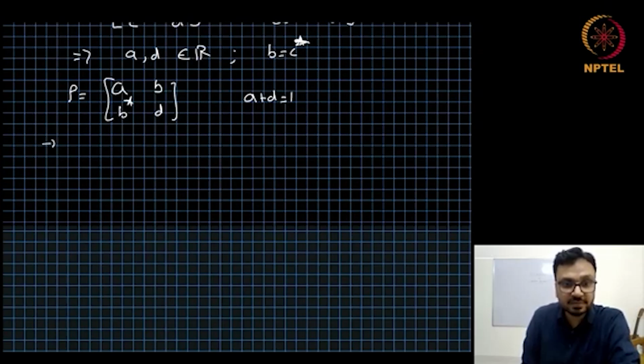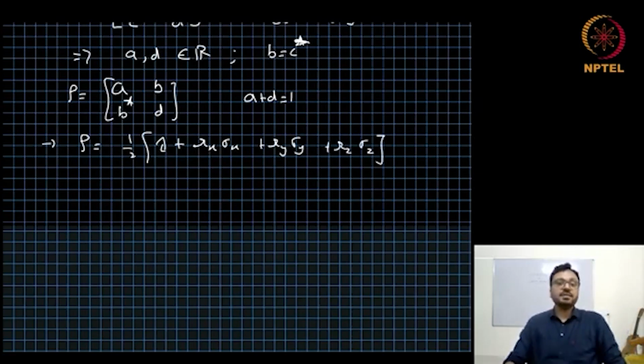So we can write rho as half times identity plus Rx sigma x plus Ry sigma y plus Rz sigma z. How can we write this? First of all, we notice that since rho is a 2 by 2 Hermitian operator, it can be decomposed as a sum of identity, sigma x, sigma y, and sigma z because they form a basis for the Hermitian vector space. So Rx, Ry, Rz, and the coefficient of identity are yet to be found.